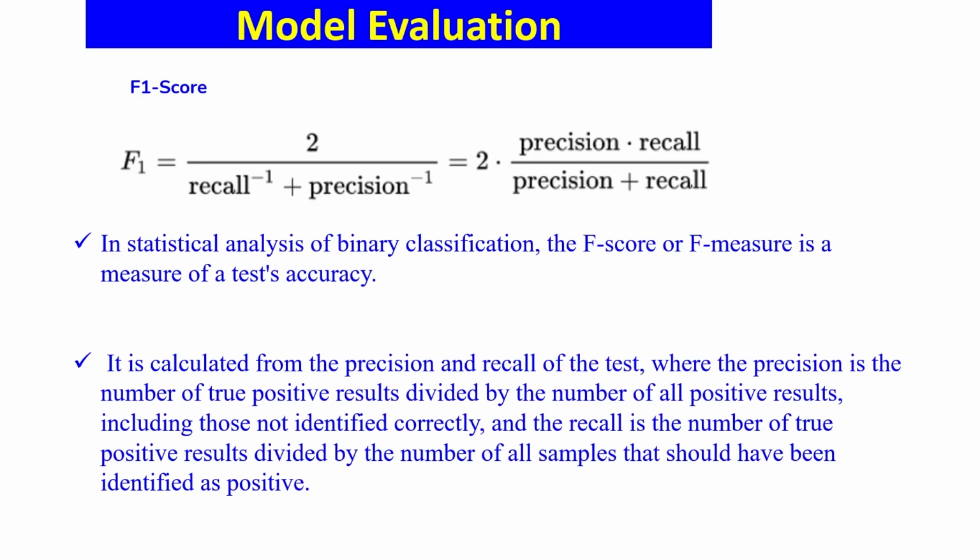Precision is the number of positive results divided by the number of total positive results. Recall is the number of positive results divided by the total number of all samples that should have been identified as positive. That is why F1 provides you much better information.